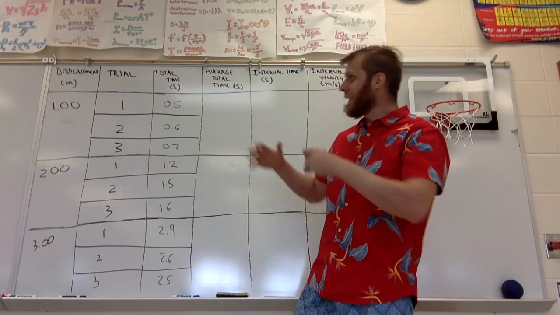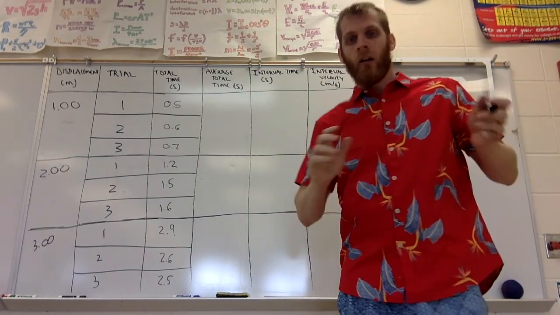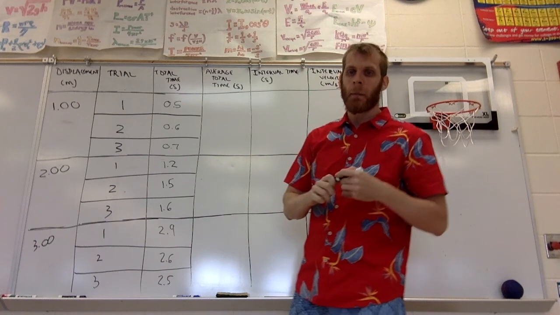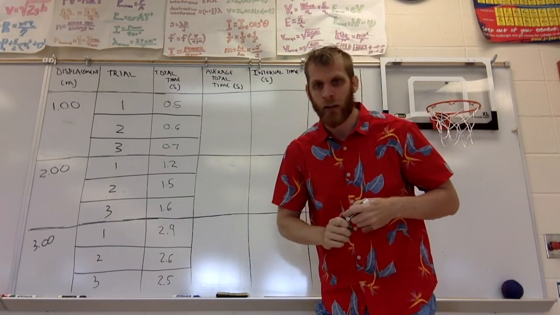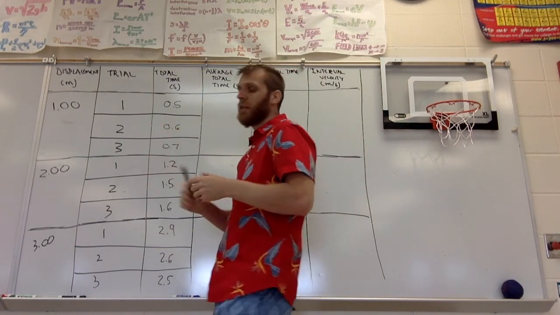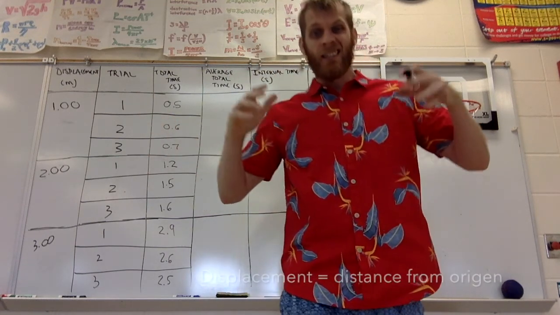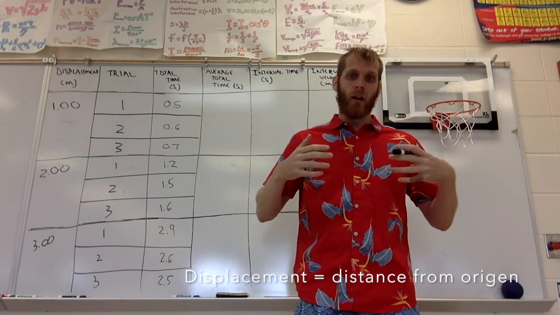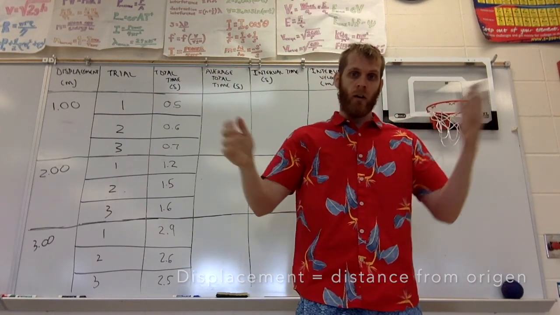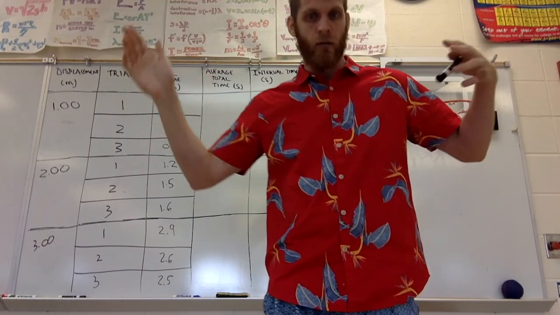So what I did is I made a data table of just the first 3 meter marks. So basically, here's what the data table looks like. The first column is displacement. So displacement is the distance from the starting point. So how far did the puck travel from 0 to 1 meters, or how far did it travel from 0 to 2 meters?